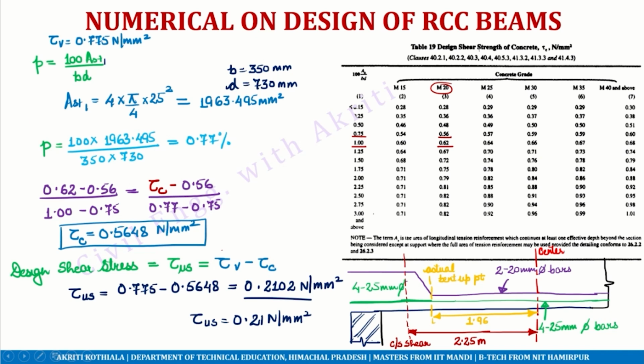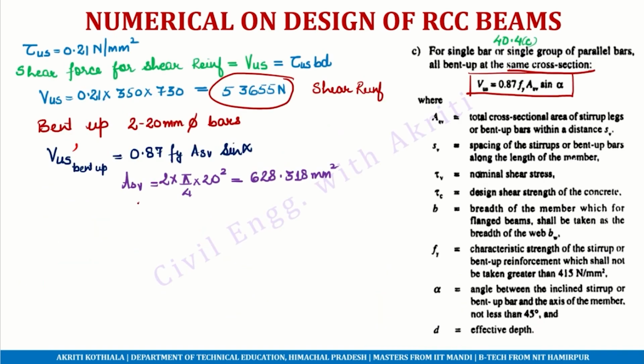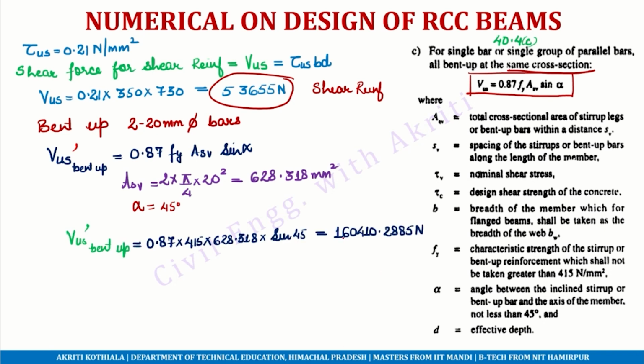So this is the axis of the member and this is the inclined stirrup. This angle is known as alpha and it cannot be less than 45 degrees. So for simplicity we assume that alpha is equal to 45 degrees. Substituting the values to obtain Vus dash bent up, we get 160,410.2885 Newton. So this is the maximum value of shear resistance that can be provided from the bent up bars.